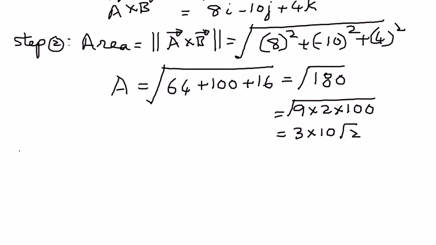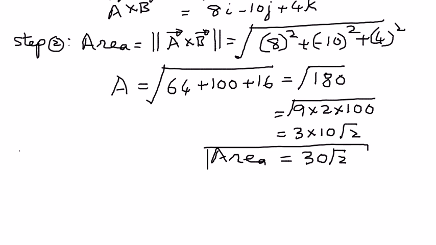So I can write this as 3 times 10 is 30, square root of 2. Therefore the area of the parallelogram, which has sides given to us in terms of vectors, is equal to 30 square root of 2.